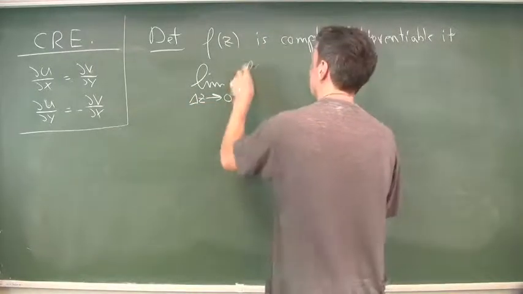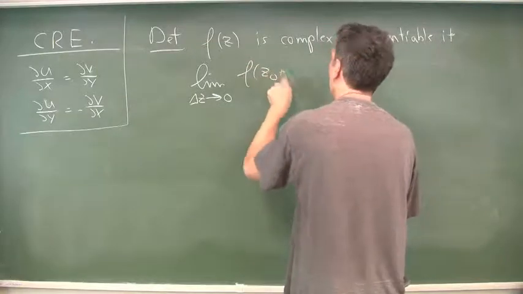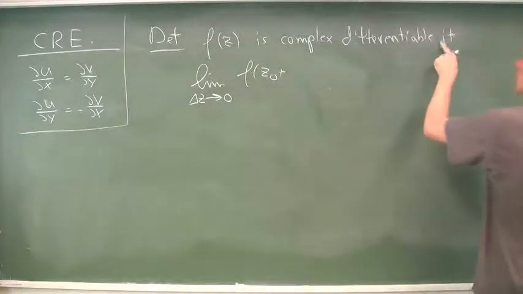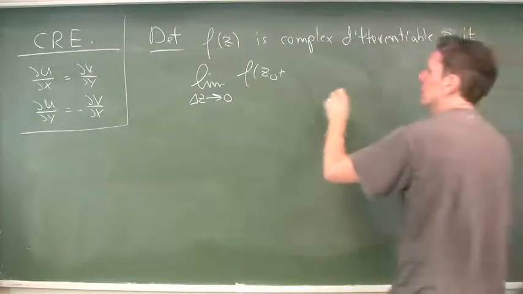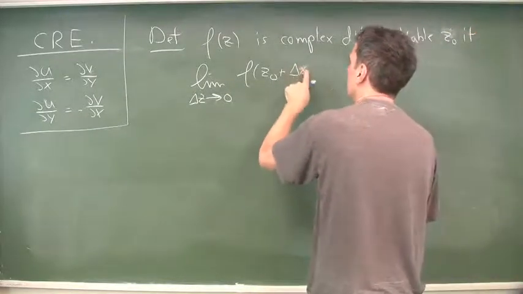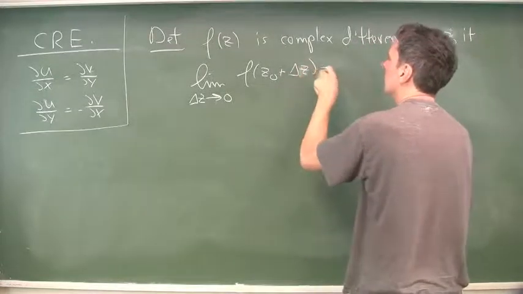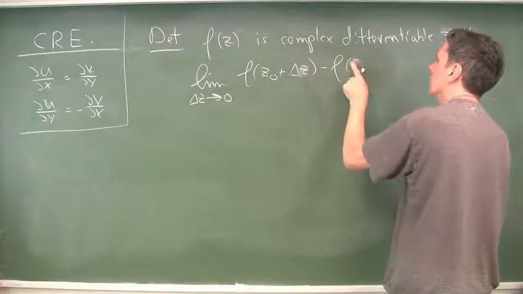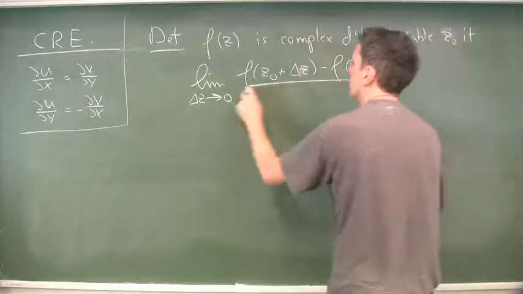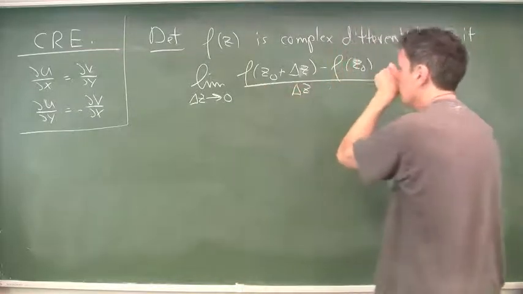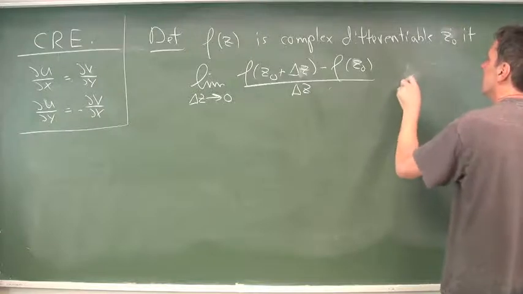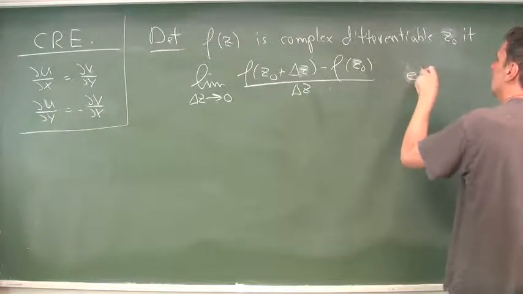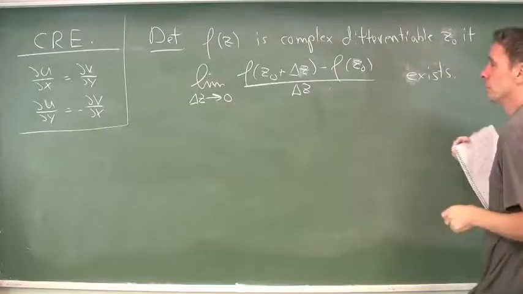So we consider f complex differentiable at the point c naught if the following limit exists.